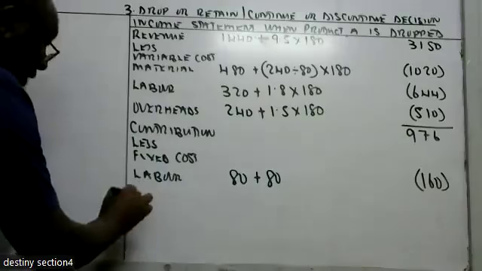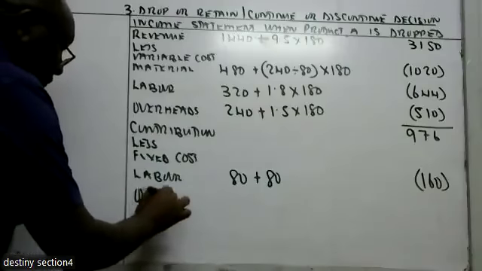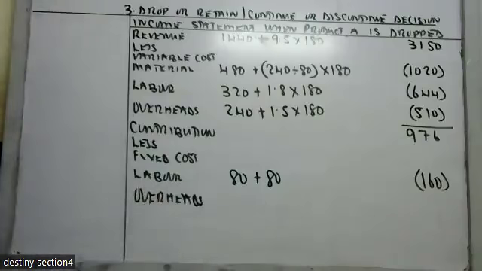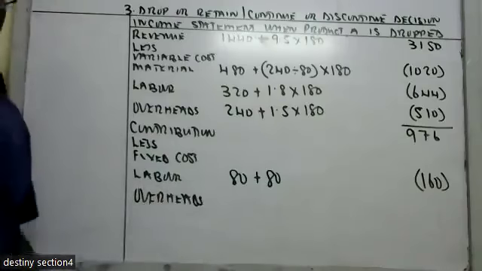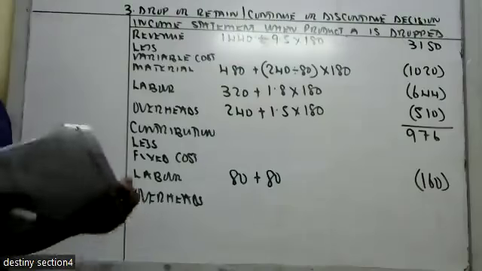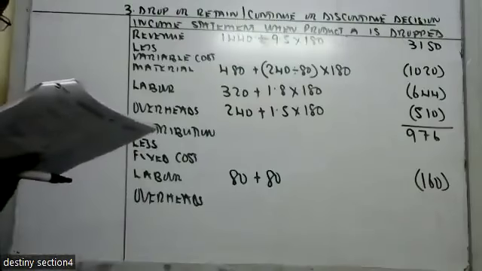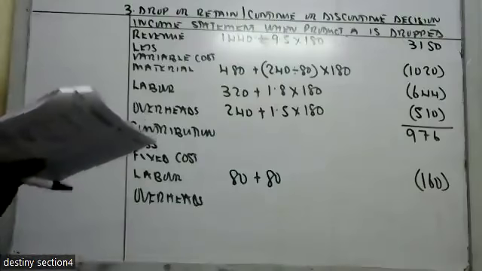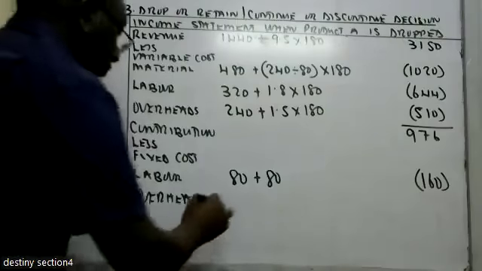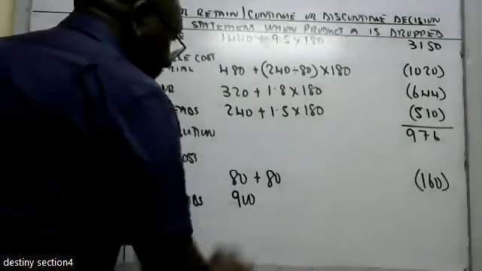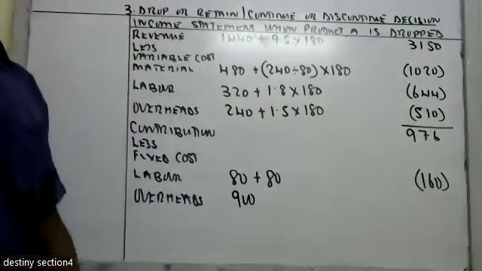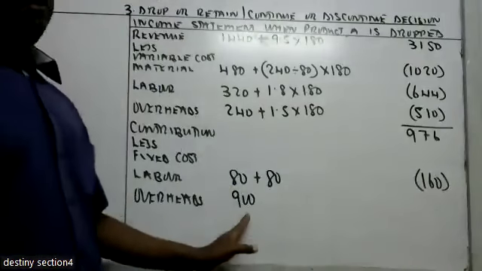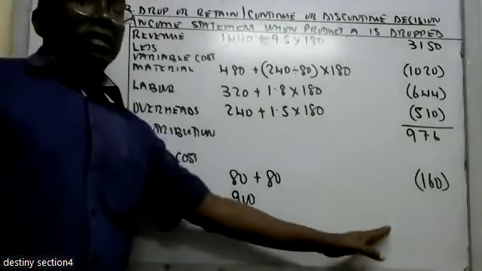Haya, huyu mwingine ni overheads. We are already told the one thing that will go is just a fifth of the one that is associated with A. So the fixed overheads zote zilikuwa 900. Unakumbuka jana kuna swali tulifanya tukasema the fixed overheads are the same when we had 50% and when we had 100.